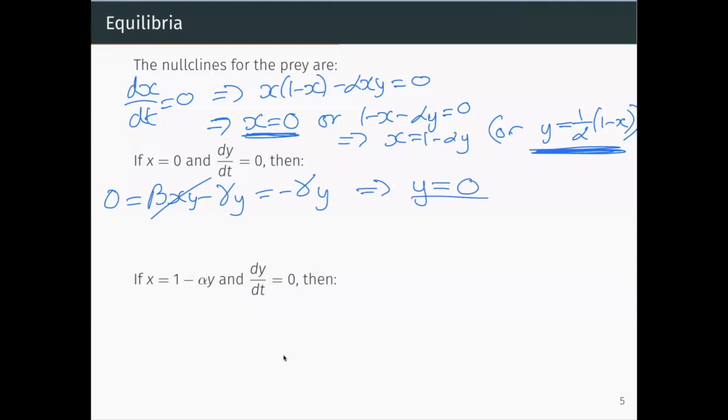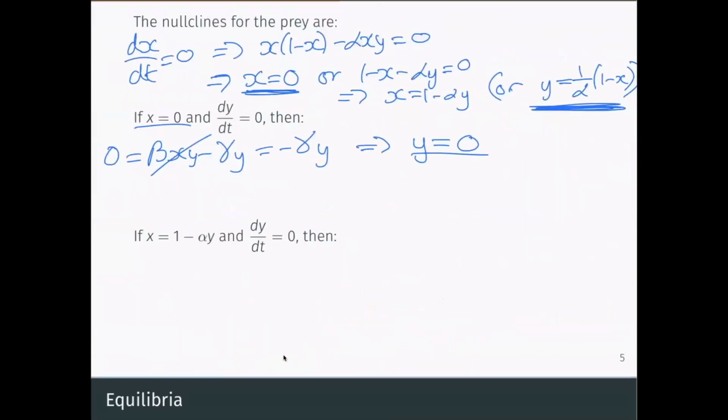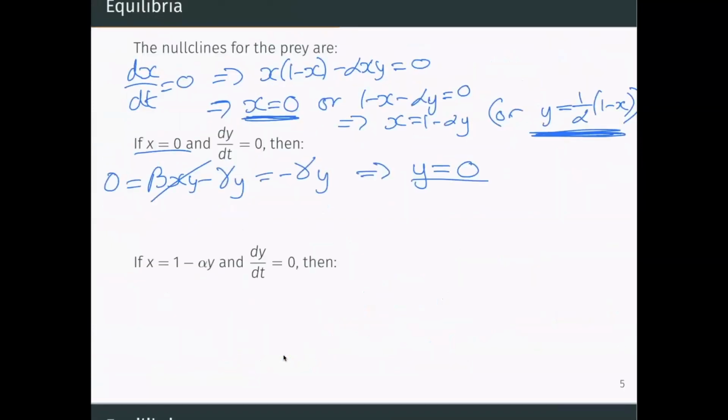That's because gamma is a positive parameter, or at least we can deduce that from all of the other parameters that we had earlier. So if x is equal to 0, then y must equal 0. So (0, 0) is a trivial equilibrium.